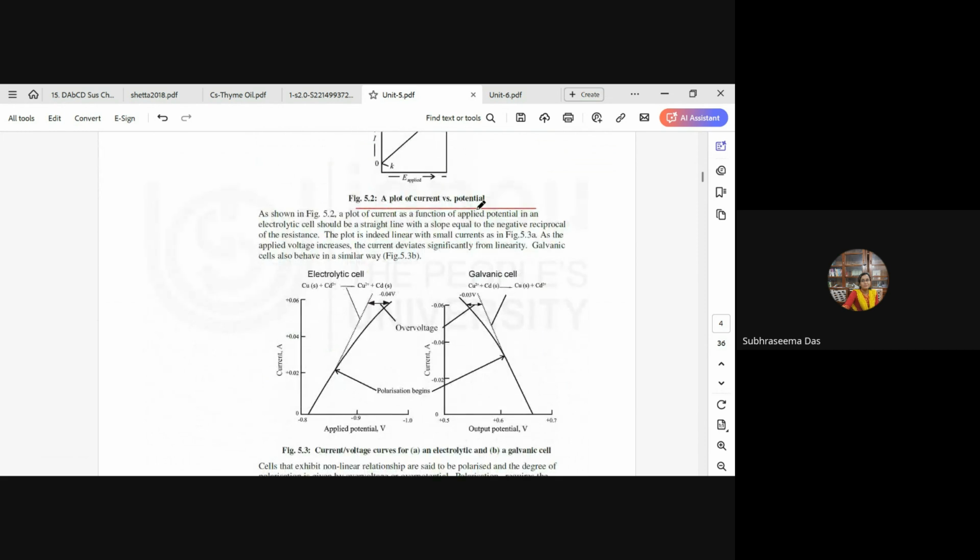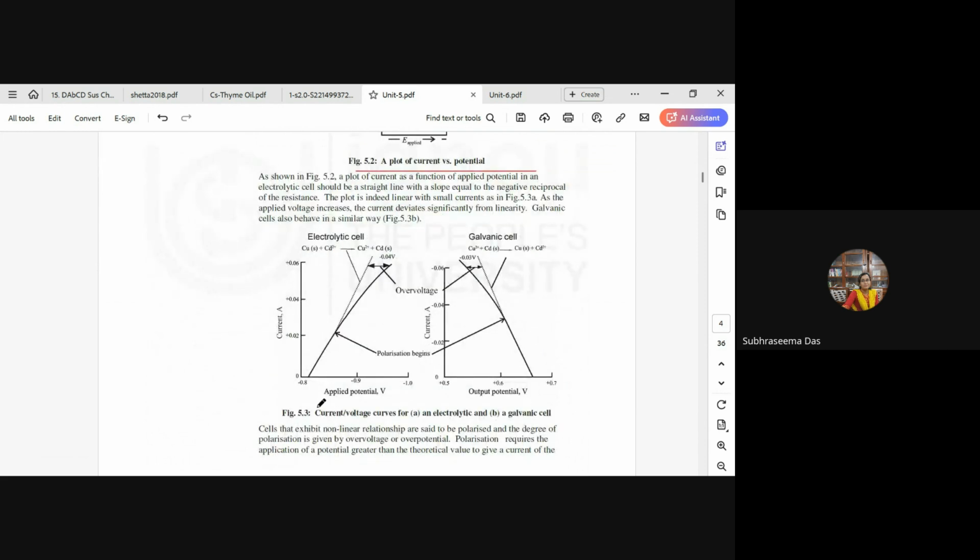When we elaborate this curve, we see from figure 5.3a that when the current is very small, the plot is linear. But as the voltage increases, in figure B, we can see a deviation.